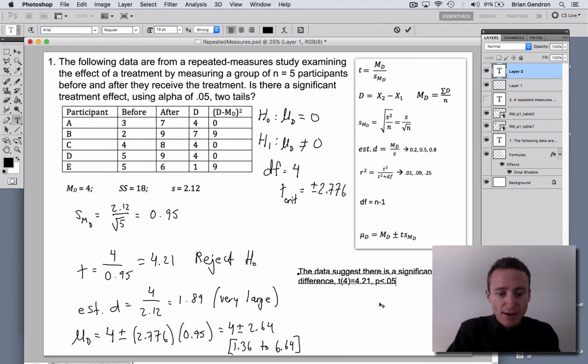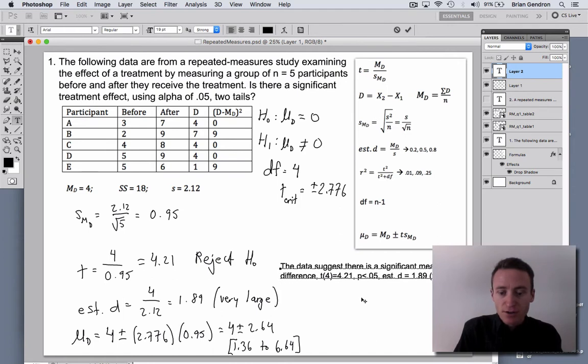What else? We had an estimated d value of 1.89, and I'm going to put very large. And then what else? So we did the 95% confidence interval of 1.36, comma 6.64.